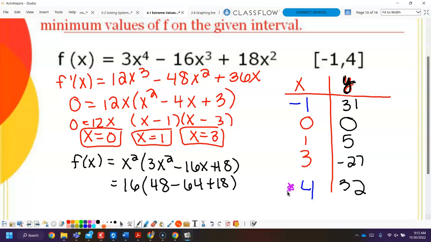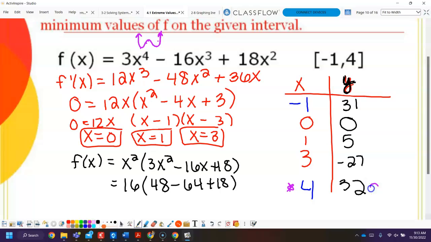So even though you have all those critical points, remember something to the fourth kind of looks like the W. So like here's your critical points inside that W. Well, yeah, it should make sense then that 4 is greater than 3 and even 1 because this graph is going up forever and ever and ever.